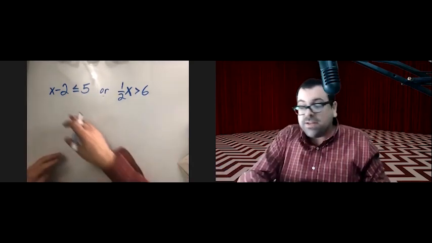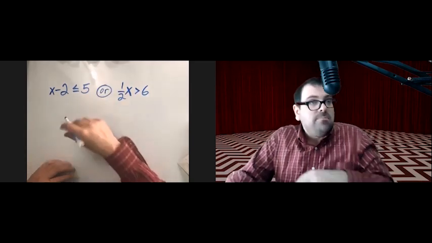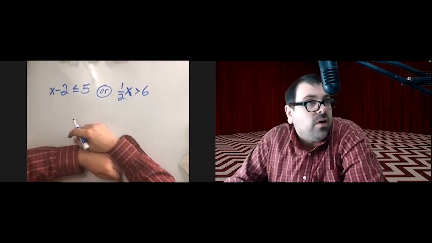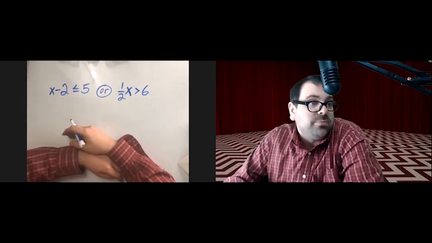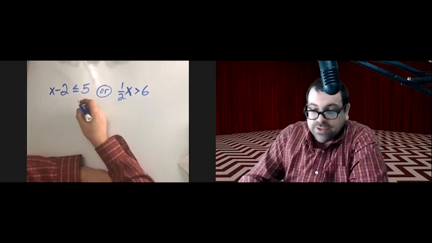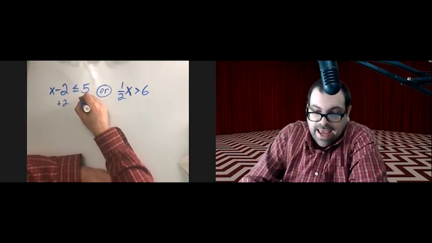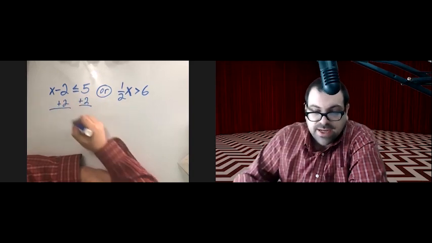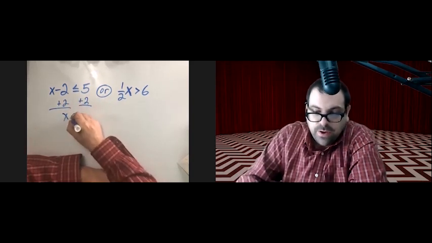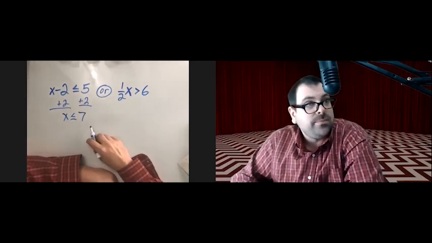First step is going to be to solve each of these individually and then come back around and figure out what the or means for the problem. So over here, x minus 2 is less than or equal to 5. We can add 2 to both sides. We get x is less than or equal to 7.